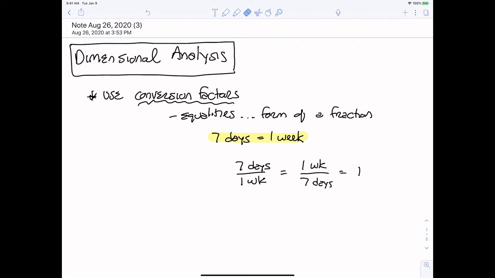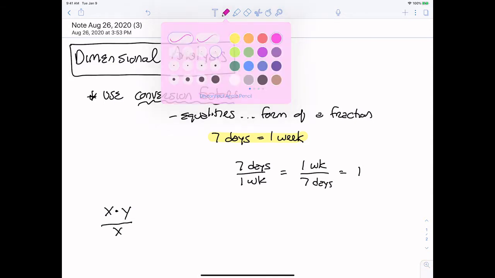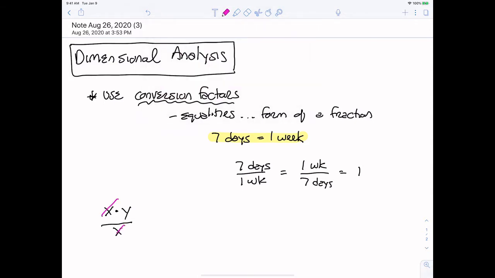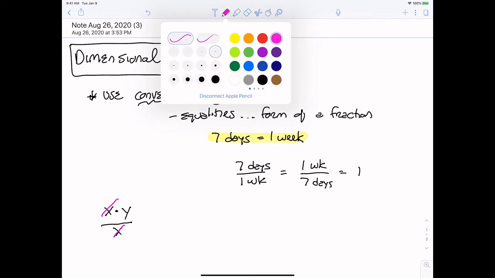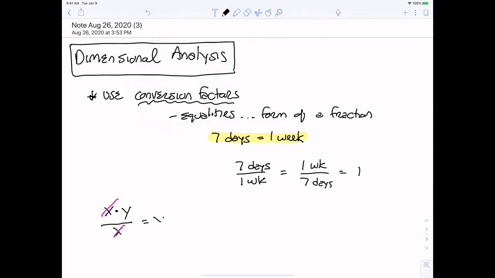The way that we're going to do that is we're going to make our units cancel. And for that, we just need to remember some algebra, right? If I was to take x, multiply it by y, and divide it by x, because I have x on the top and the bottom, those are going to cancel. And then that answer is just going to be equal to y, right?